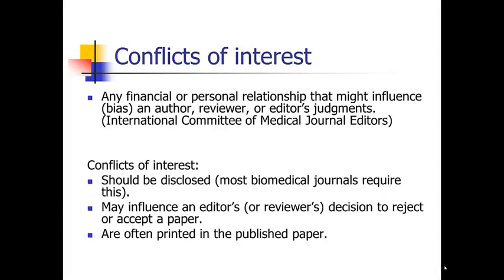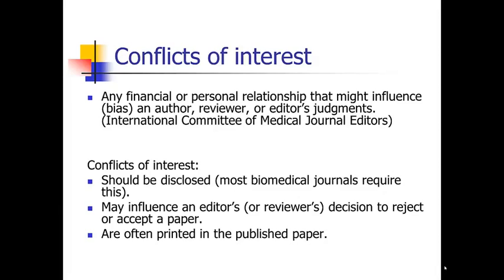Some people will argue that we're being overly vigilant on conflicts of interest and that sometimes there's a bias against things that are industry sponsored that really shouldn't be there. That is, just because something was paid for by a drug company, it doesn't mean that it's biased, and so people have worried about that. Also, people have argued that there are inherent conflicts of interest that you really can't pinpoint.